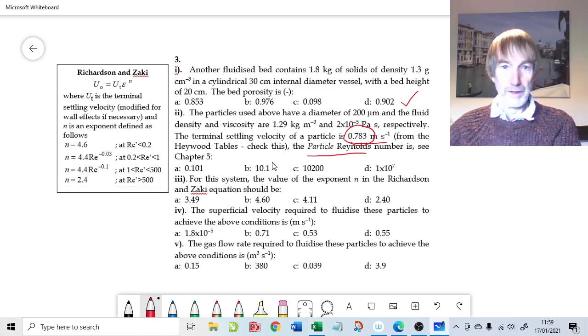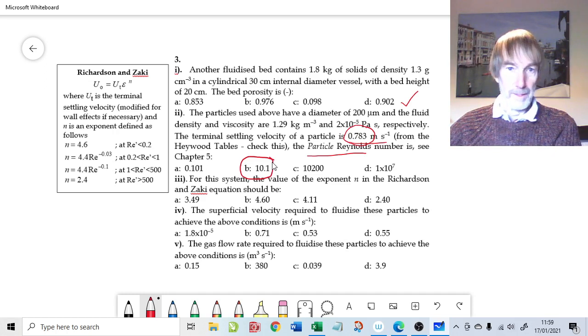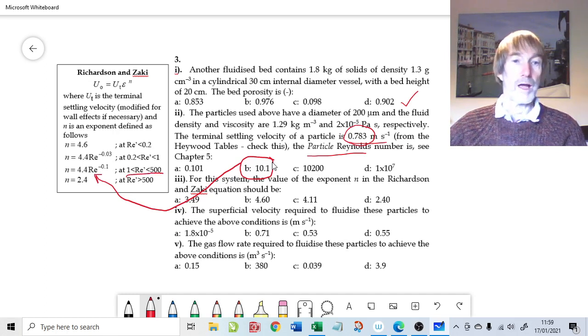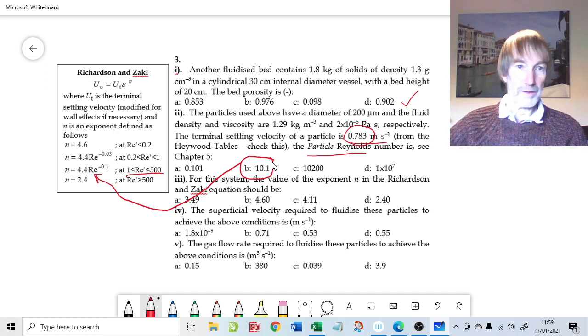So we know that the value here is 10.1, and if we put 10.1, the particle Reynolds number, into this equation just here, because we're at a particle Reynolds number between 1 and 500, then that gives us the exponent, the n value, to put into the Richardson and Zaki equation, which is just there.